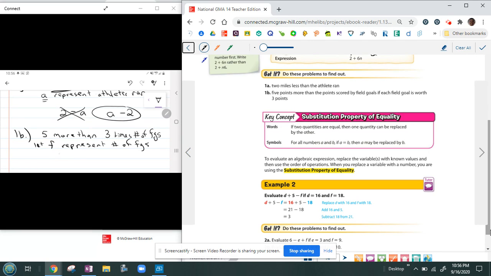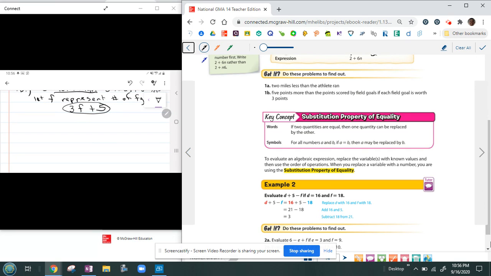Okay, and now we can say 5 more than, that tricky phrase, put that at the end, and then 5 more than what? Three times the number of field goals, which we represent as F. All right? 3 for every field goal. All right, moving on.